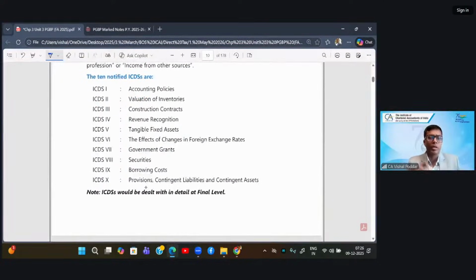You are not required to study each of the ICDS in detail because that is not part of your inter-level syllabus. But since it is going to affect computation of PGBP income, whatever provisions we are studying here are already incorporating the ICDS, like how in 11th and 12th standards, you never studied the accounting standards in detail.